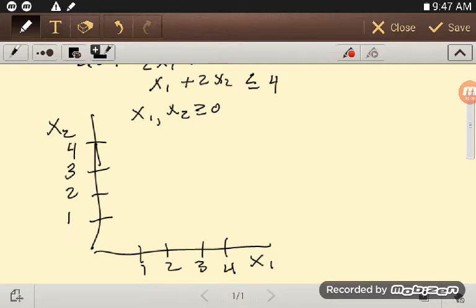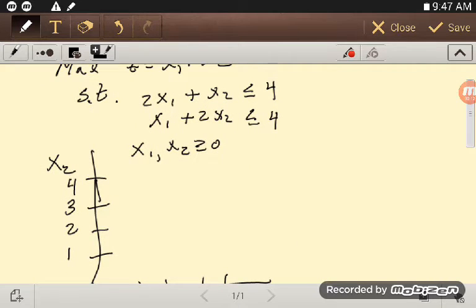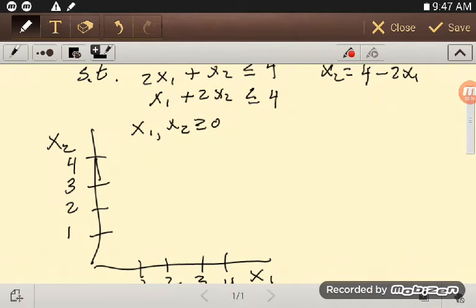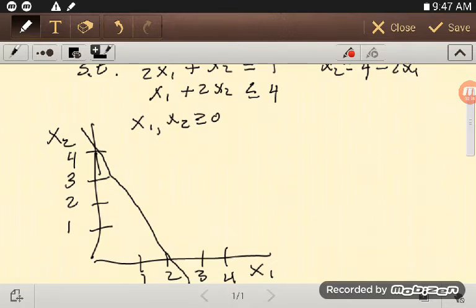Now, if I start looking at these 2 constraints, how do I plot this inequality? I would say that x2 is equal to 4 minus 2x1. I would plot that, and that is the line that heads down like that.